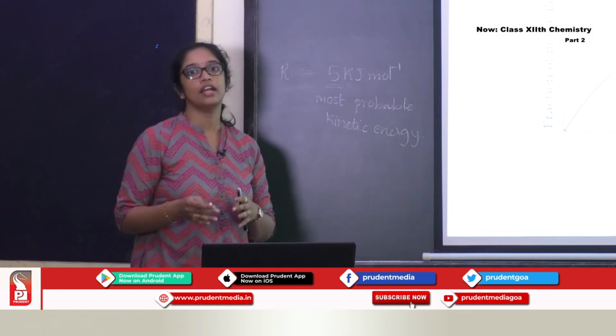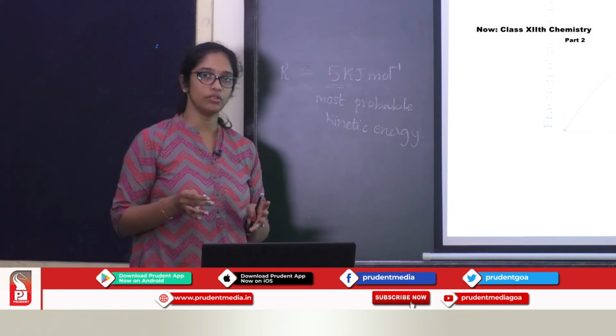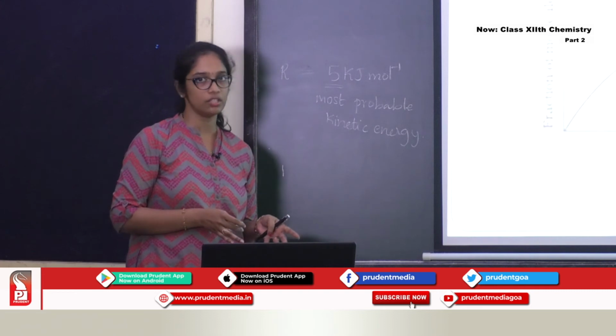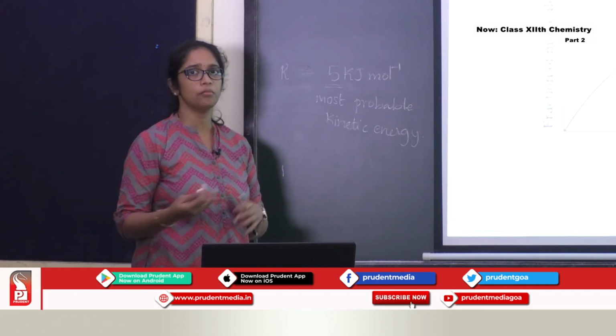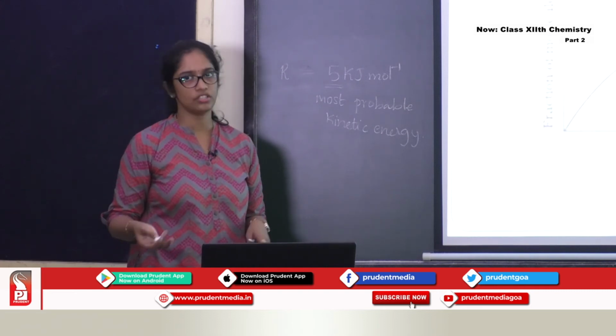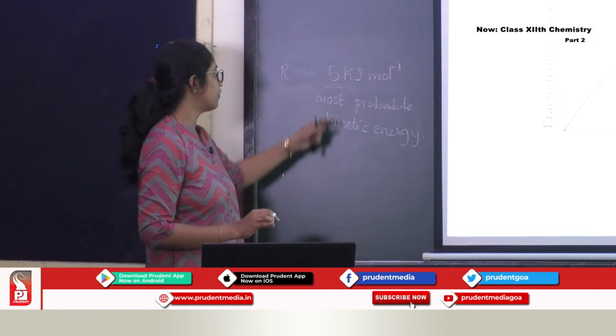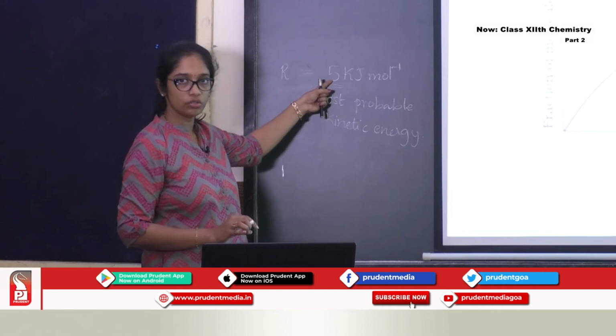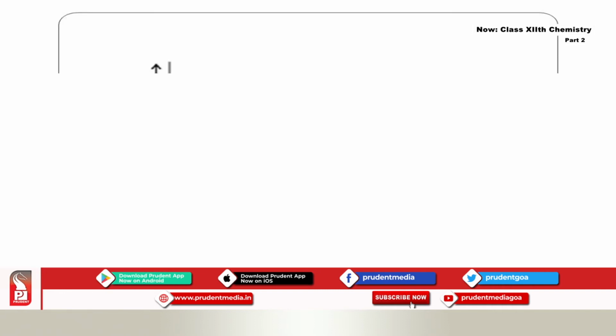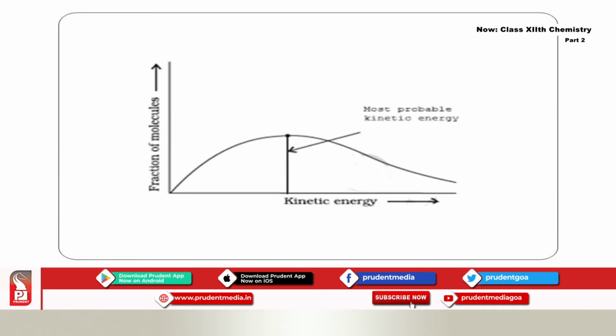It could also mean that some of the reactant molecules will have very low energy, could be even 1 or 2, and some could be having a little higher energy, suppose 10 or 12. But most of the molecules have on an average 5 kilojoules per mole of energy, and that is represented here in the plot. That is the most probable kinetic energy.